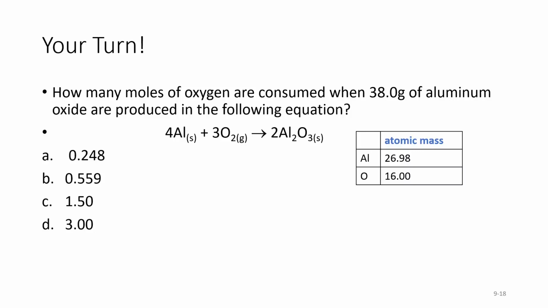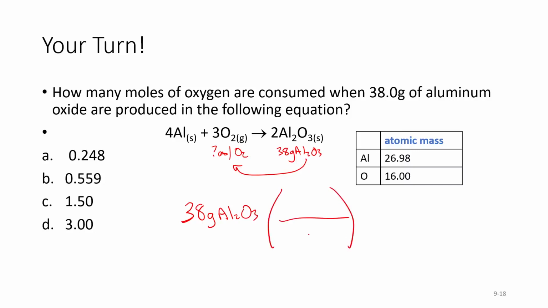Okay, moles of oxygen, 38 grams of aluminum oxide. So we're going to start with the number that they give us, 38 grams Al2O3.